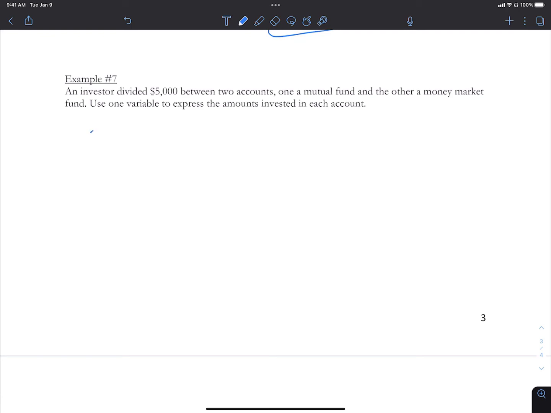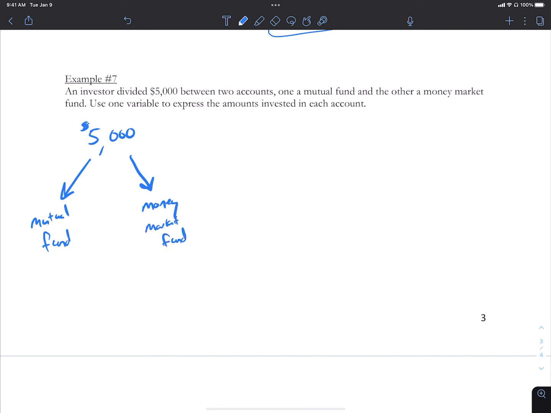So if I have $5,000 and I split it into two different accounts, I'll draw a diagram here to show. I'm going to put some of the funds into a mutual fund, and then the remaining money is going to go into a money market fund.